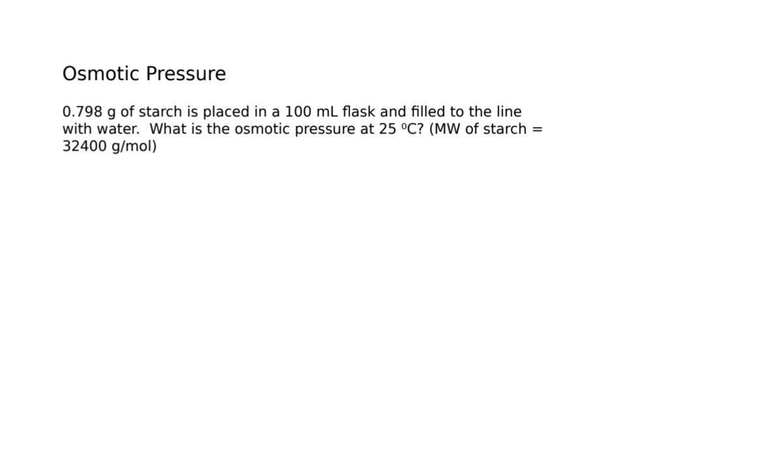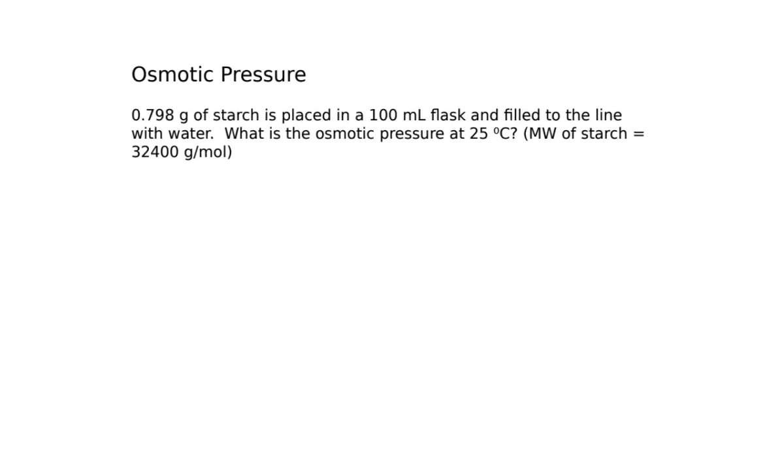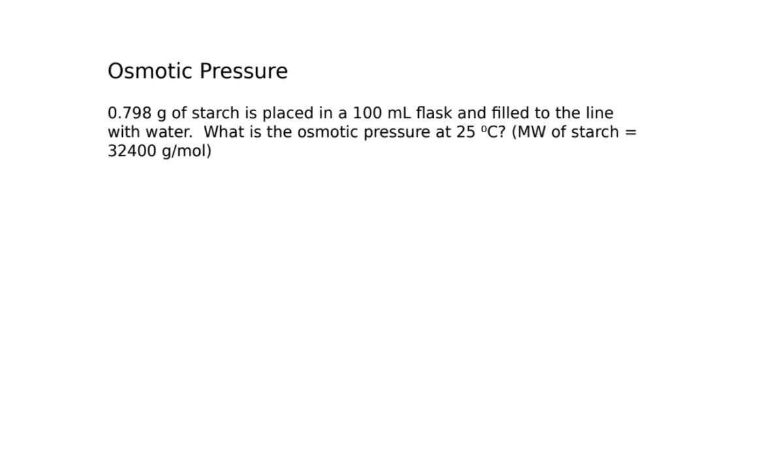So the equation for osmotic pressure is uppercase Pi equals i times uppercase M times R, the gas constant, times T for temperature.